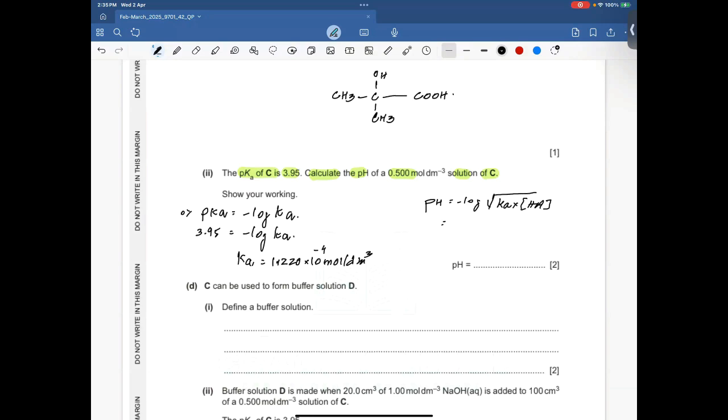Now plug in these values in this formula as it is. 1.122 into 10 to the power minus 4. The concentration of acid is given, which is 0.5.